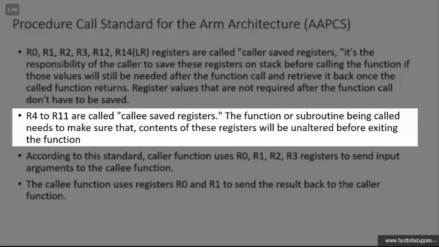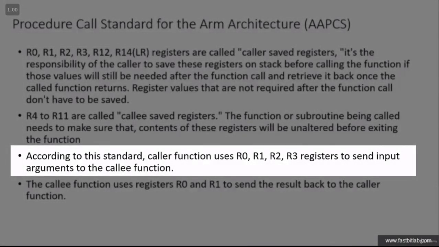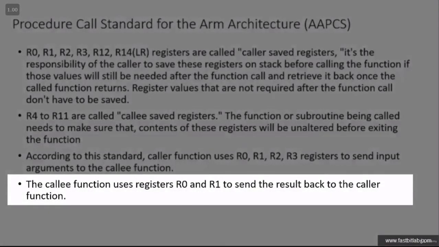And remember that according to this standard, the caller function uses R0, R1, R2, R3 registers to send input arguments to the callee function. The callee function uses registers R0 and R1 to send the result back to the caller function.